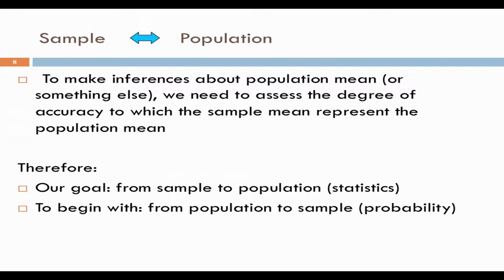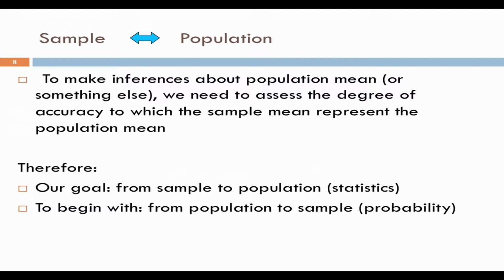So this slide really summarizes what I have said. To make inference about the population mean or something else, we need to assess the degree of accuracy to which the sample mean represents the population mean. Because you have a sample mean, and you want to use that to understand the population mean, you need to assess the degree of accuracy.